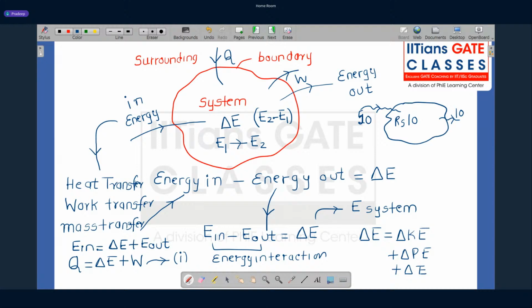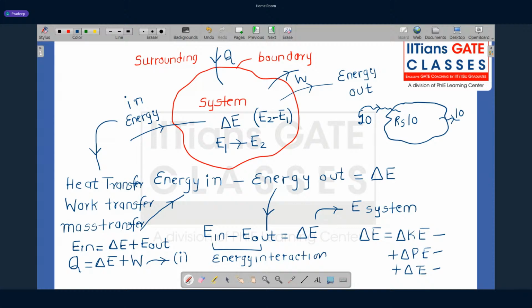They are also rotating, so they possess rotational kinetic energy. So the total energy of the system will be the sum of kinetic, potential and internal energy, and the change will be the change in kinetic, potential and internal. So this is the definition of the first law of thermodynamics, a general definition which can be applied to open system and closed system.